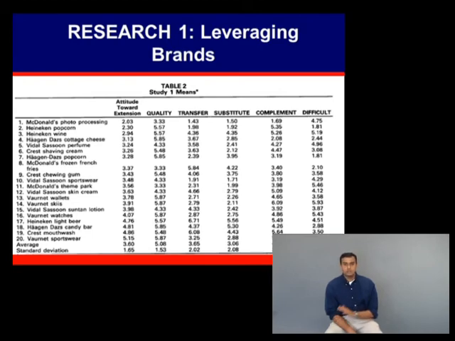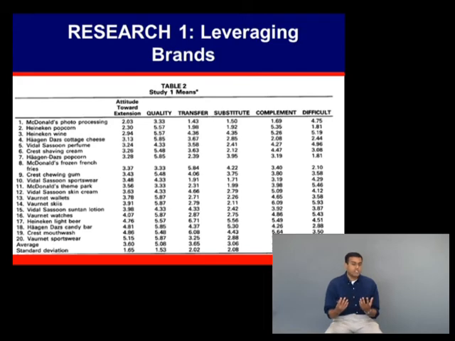They also asked consumers to rate how likely they are to be able to transfer the skills and the knowledge that they've gained from the parent brand's business to the brand extension. They also asked if the extension was seen as a substitute for the parent brand. For example, Heineken wine would probably be a substitute for beer, whereas a theme park for McDonald's would not be a substitute. They also asked if it would be a complementary product.